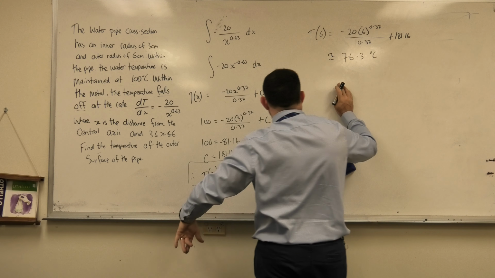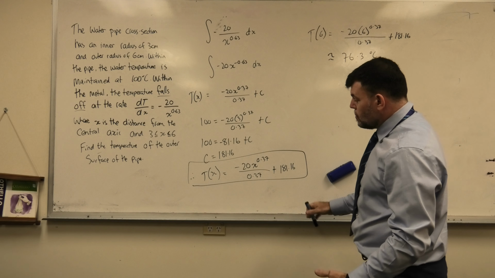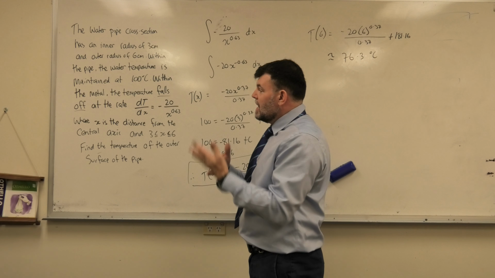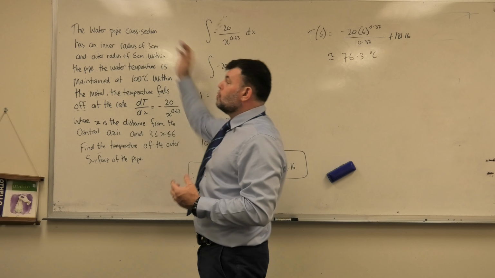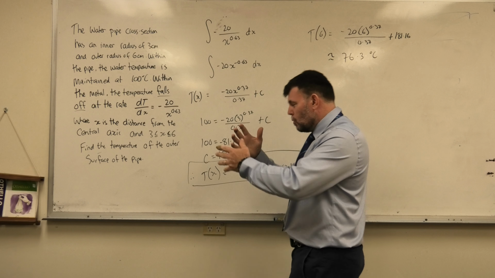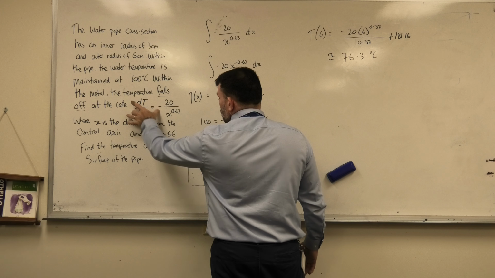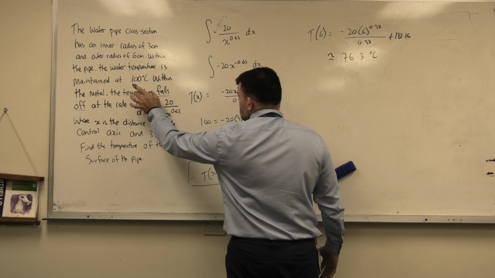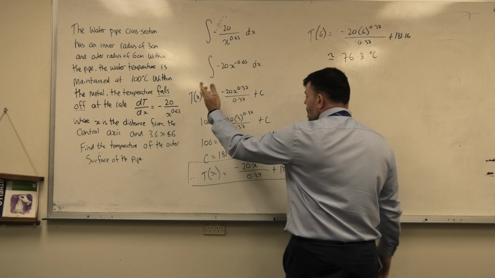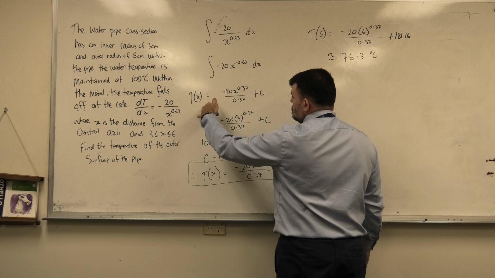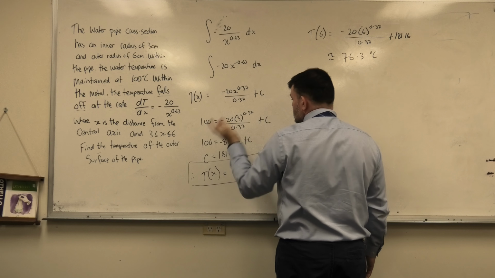In this question, as opposed to the last couple of questions, we had to pull that information out ourselves. We had to think about what it is asking us to do. We know we've got a derivative, and we've got to find the temperature. The dT and dx means that I need to find the temperature with respect to distance, x in this case.